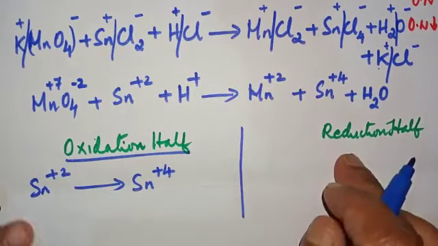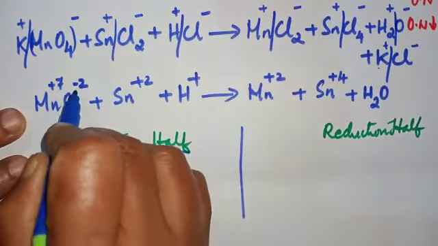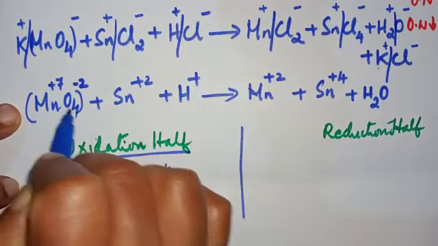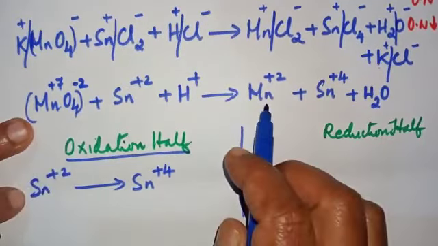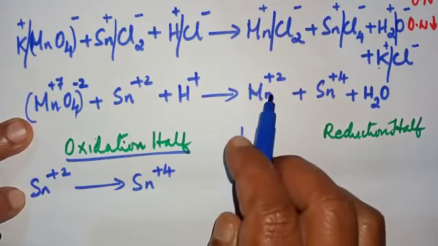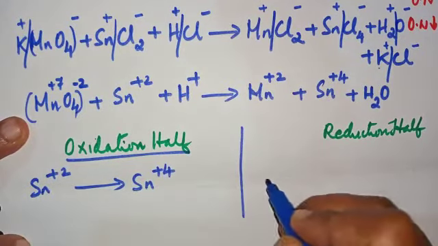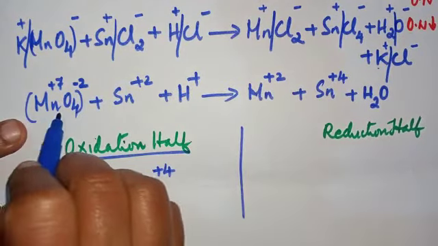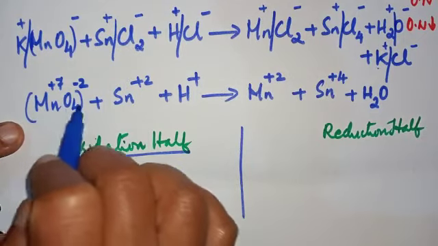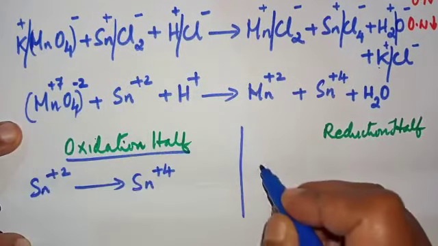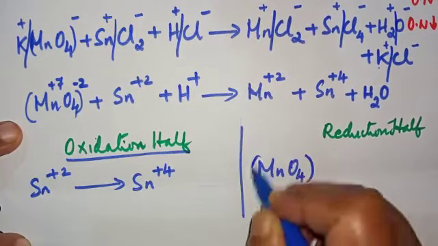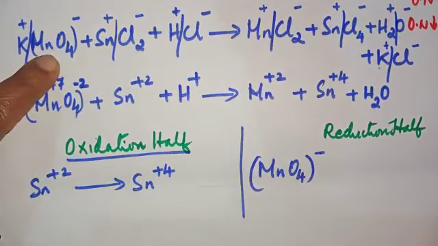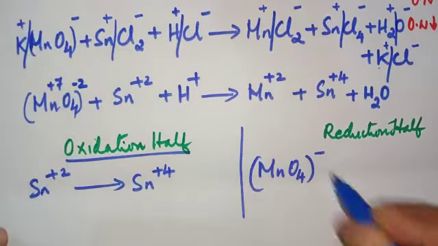Okay, now likewise the reduction half also we will write. Now what is getting reduced here? Manganese oxide, right? So in this permanganate, manganese is getting reduced. Why? Because from the plus 7 oxidation state, the oxidation number is reduced to plus 2. Okay, so let me write that. So here I don't write only manganese, I write the MnO4 ion altogether. So the charge of this ion is minus, so that I just write here.